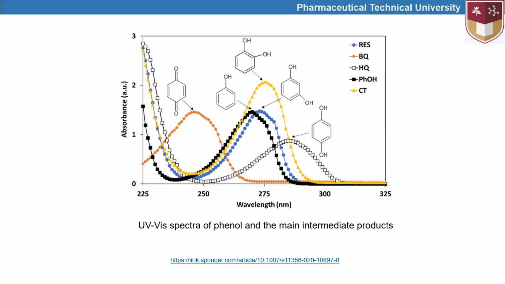And also the peak shifted from around 260 to 275. The addition of a hydroxyl group in para position, as you see, lowered the intensity of the absorbance, and also shifted it from 275 to around 290.